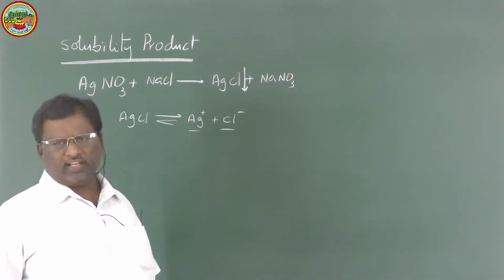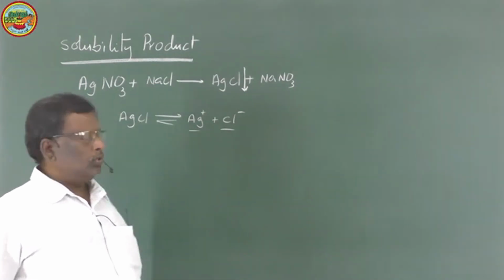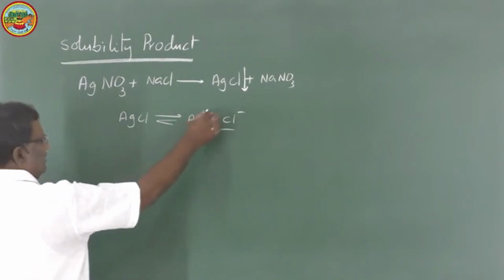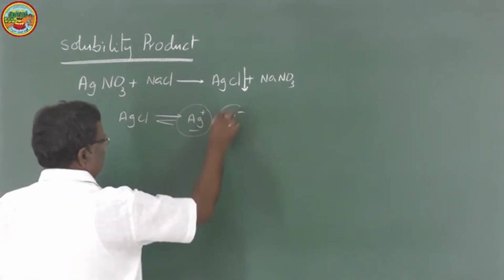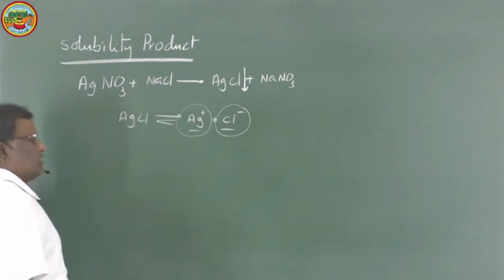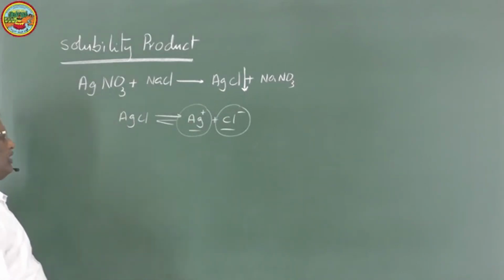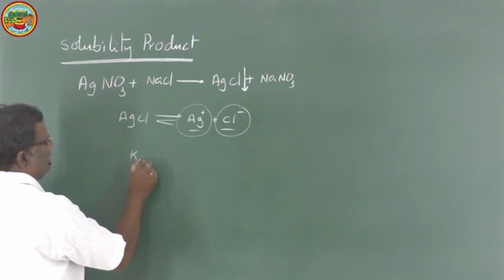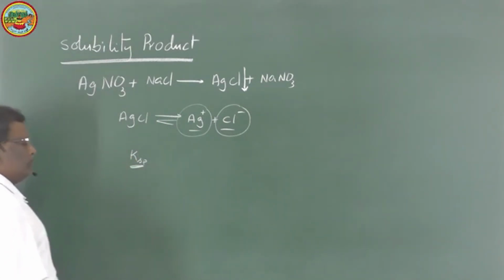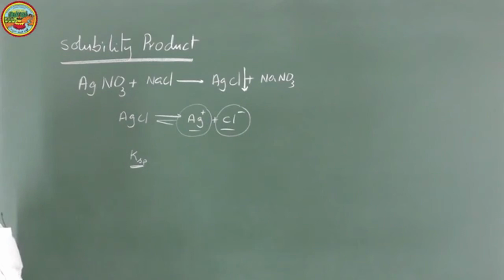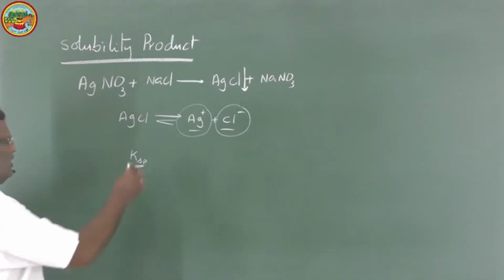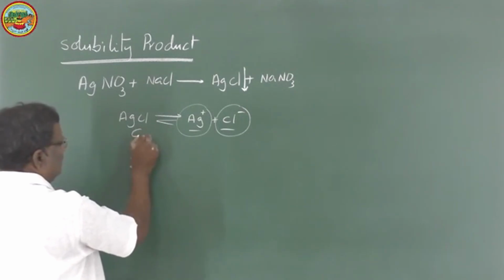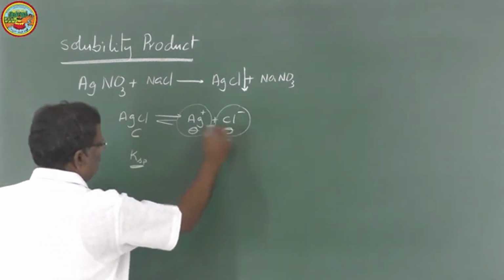It is a reversible reaction. So the product of the concentrations of these two ions is said to be solubility product, and it is known as KSP. Here the initial concentration is C, and the initial concentrations of these two ions are 0, 0.